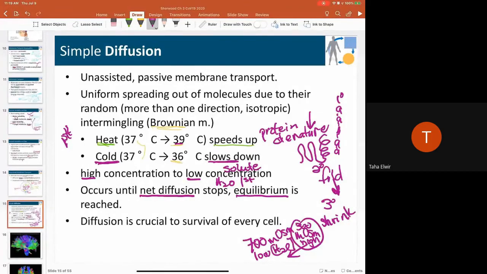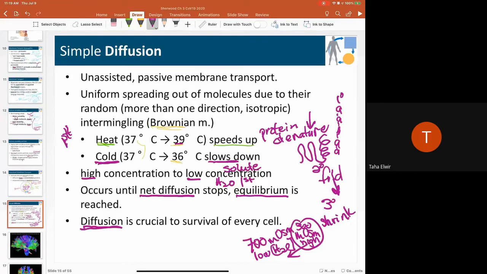So we'll be talking about when net diffusion stops, but this will be in vitro. This won't be in vivo. That won't be in the body, but we'll use it as an example for teaching purposes. Diffusion down concentration gradients is crucial for the survival of every cell, so it's gonna happen.